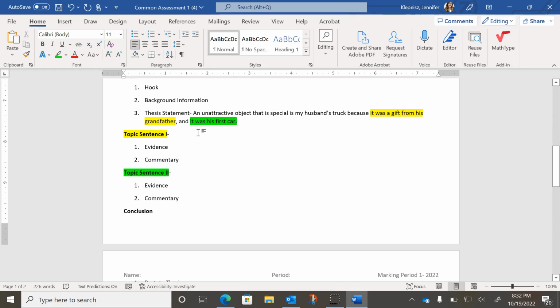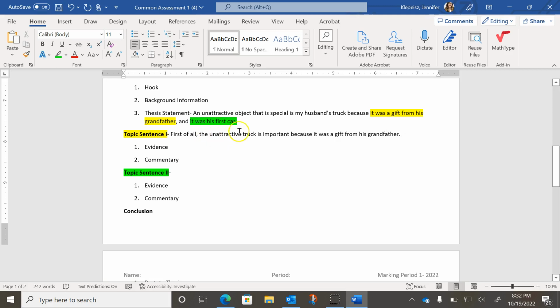So I want to start off with a transition word or phrase that shows I'm giving my first reason. First of all, the unattractive truck is important because it was a gift from his grandfather.